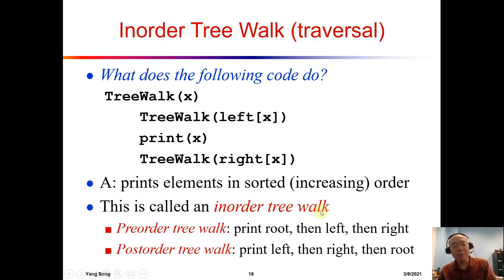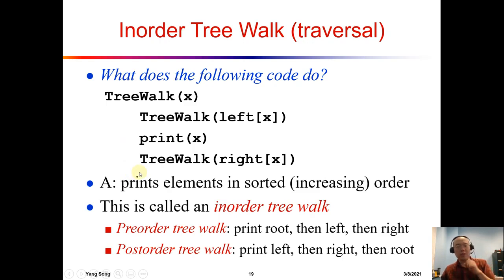And similarly, if you want to do a pre-order tree walk, you put the print line at the very beginning. Or if you want to do a post-order tree walk, you put this print at the very end.